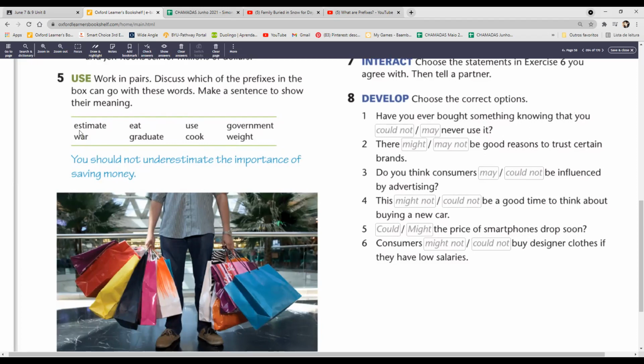So here we have estimate, eat, use, government, war, graduate, cook, and wait. One example, you should not underestimate the importance of saving money. Okay?